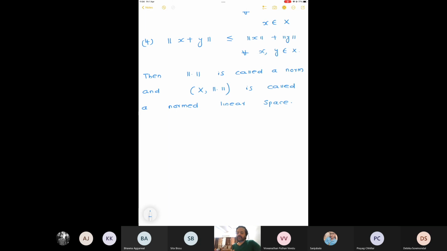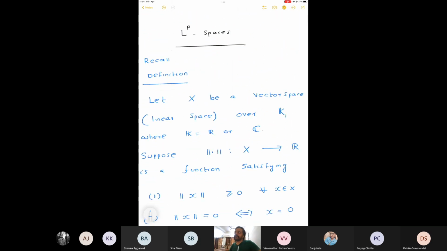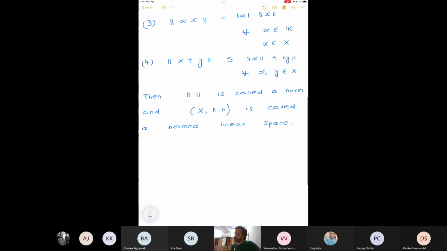One reason for interest in normed linear space is that the underlying set is a vector space, so you can use all the knowledge that you have from linear algebra. Further, the norm, the length that you have defined just now, will give rise to a metric.